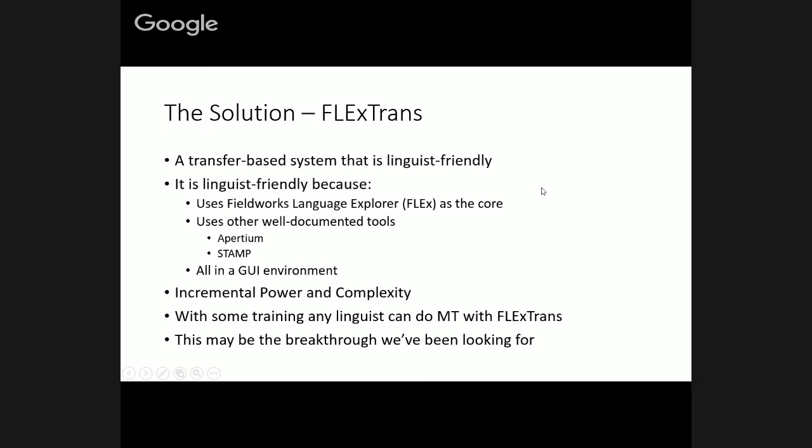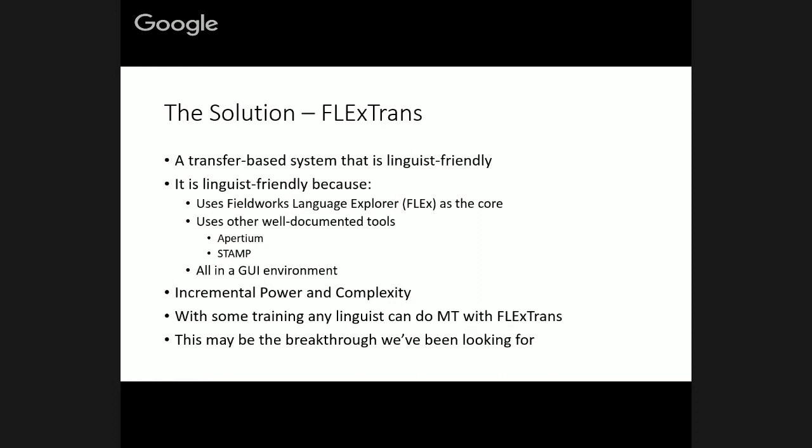So I proposed a solution, and I'm calling it FLEXTrans. And it's a transfer-based system that I'm calling linguist-friendly. So I wanted it to be usable for our linguists in the field. And I'm saying it's linguist-friendly because it uses Flex as the core, which is a nice graphical user interface for the repository of all of your linguistic data. And it also used some well-documented tools such as Apertium and Stamp, which I'll tell you about.